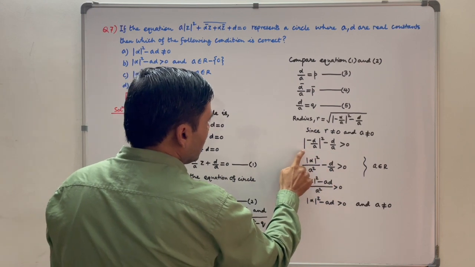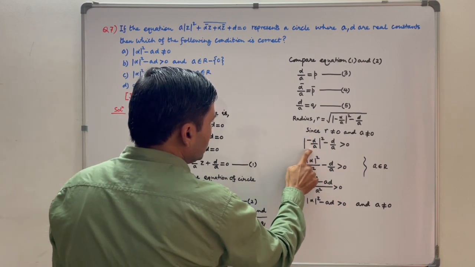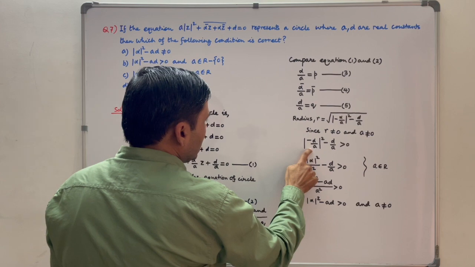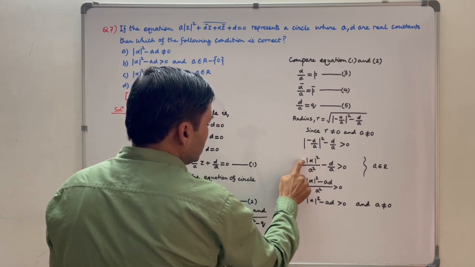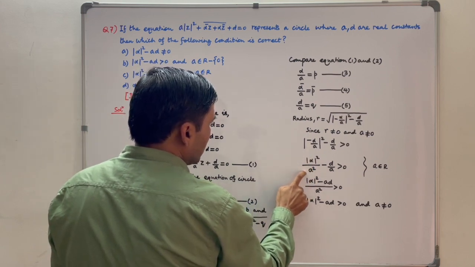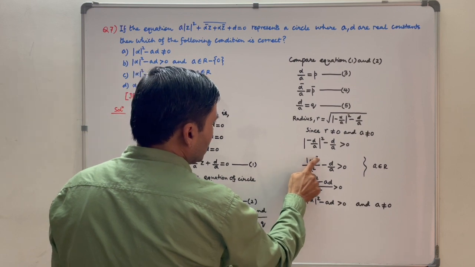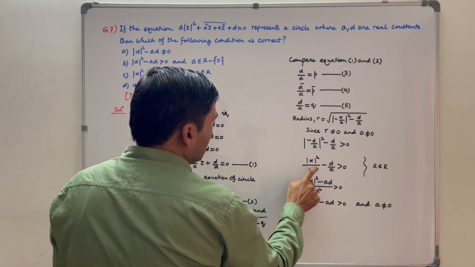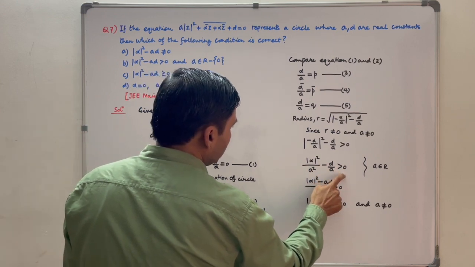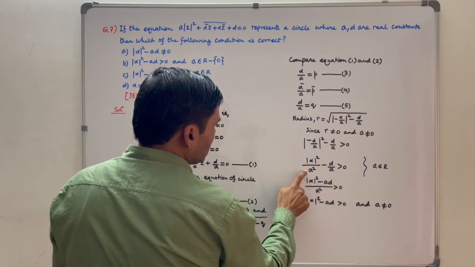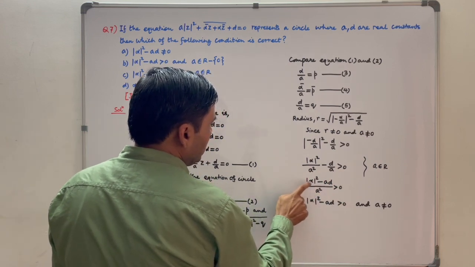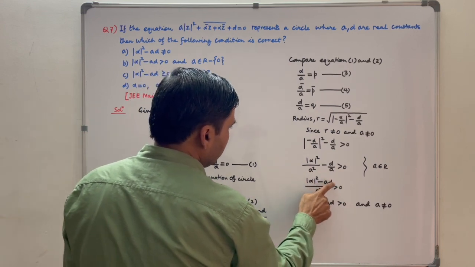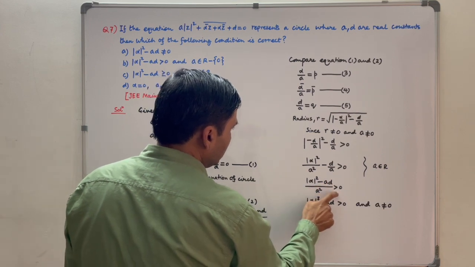Now this is mod z1 upon z2 square, so it can be written as mod z1 square upon mod z2 square. So it will be mod alpha square upon mod A square, which can be written as A square if A is real, minus d by A is greater than 0. Now take A square as LCM. So it will be mod alpha square minus AD upon A square is greater than 0.